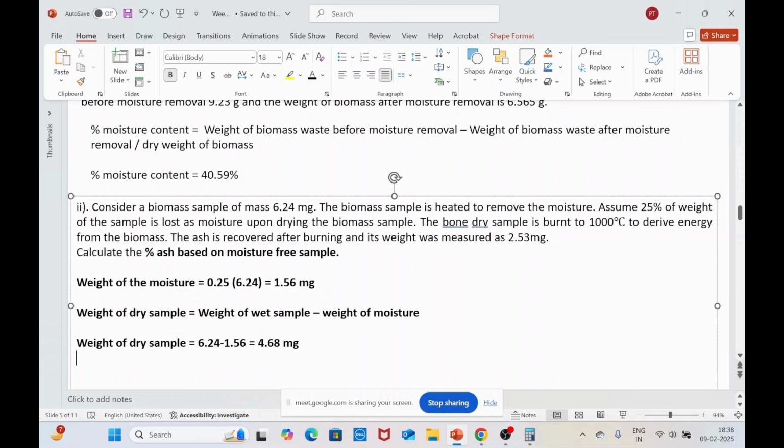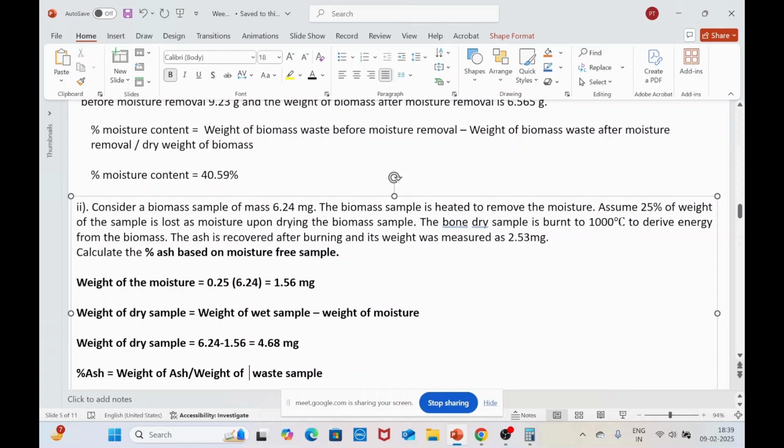Now from here you need to calculate the percentage of ash, and this is for the moisture free sample, so it will be the weight of ash by the weight of, will it be the weight of dry waste sample or the weight of wet waste sample?